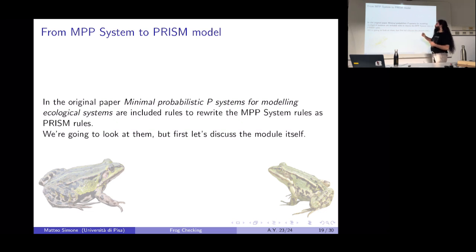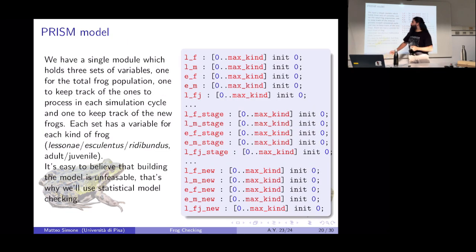Also, thanks to Professor Milazzo, there were the translation rules to turn an MPP system into a Prism model. The part that we care about are the rules that I've shown earlier. Those rules have been translated into Prism commands. So this is the boring stuff.